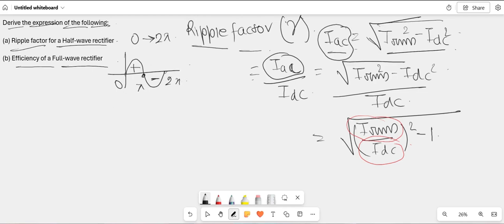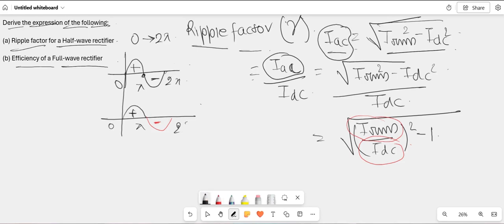If we pass this through a half-wave rectifier, we will either get the positive half or the negative half. I am denoting it by different colors because we don't get these two halves simultaneously at the same time.